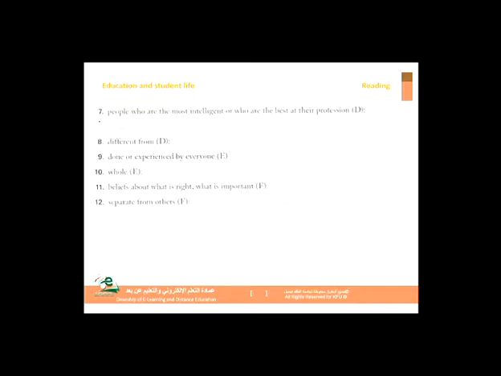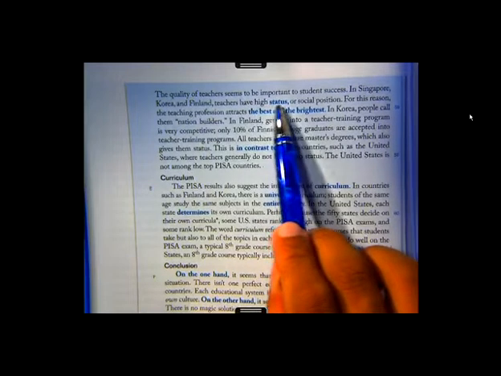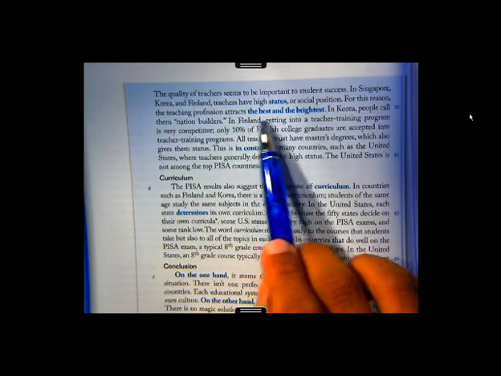Next, number 7, people who are most intelligent or who are the best at their profession, and that is paragraph D. Let's go to paragraph D. So we have status, here, the best and the brightest, in contrast to.